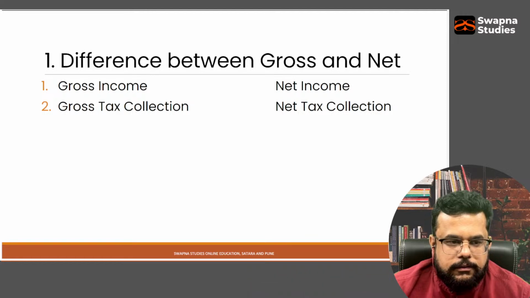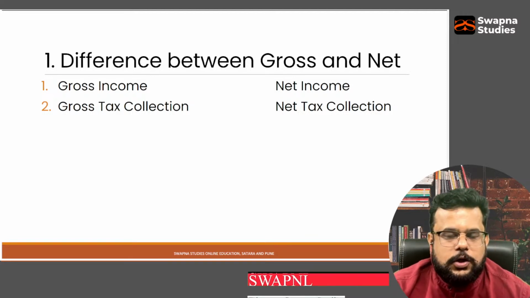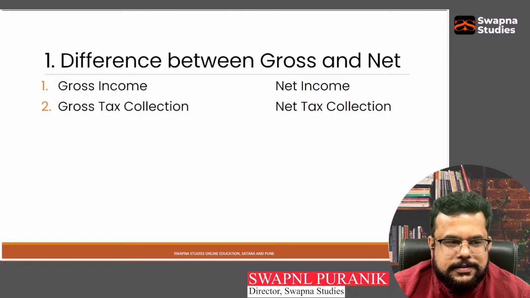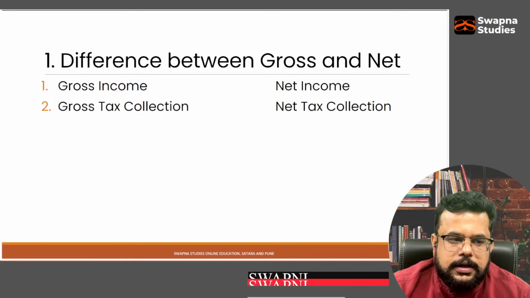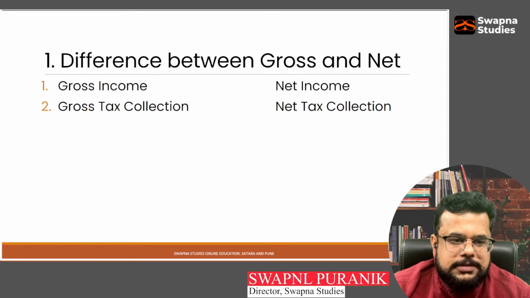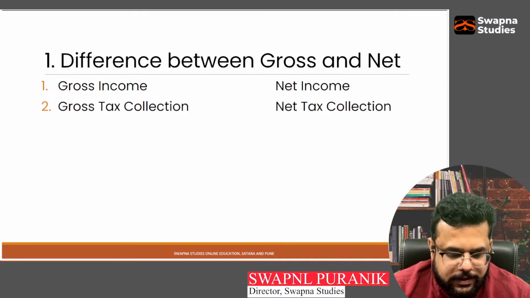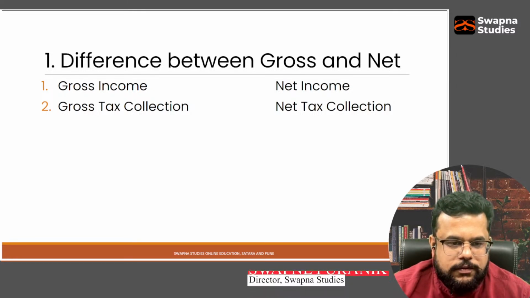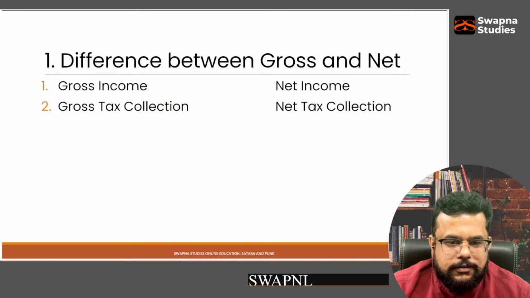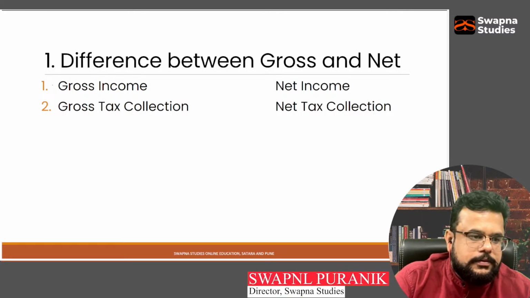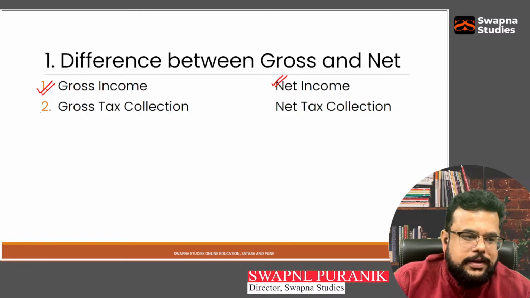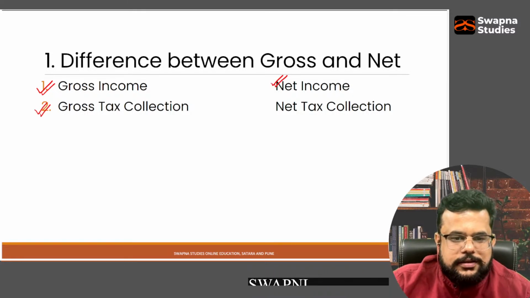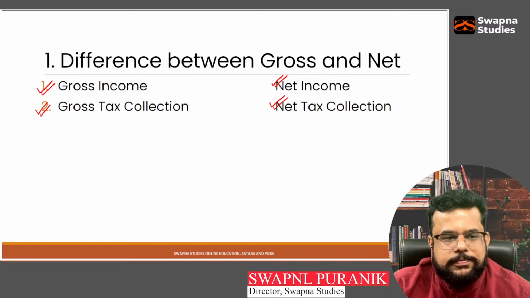So we built up our thought process and our concepts, and we started with the difference between gross and net. We discussed the concept of gross: what is gross income, what is net income, gross tax collection, net tax collection.